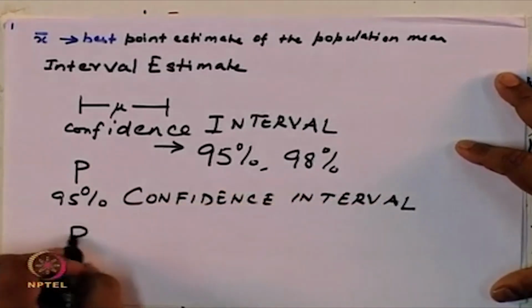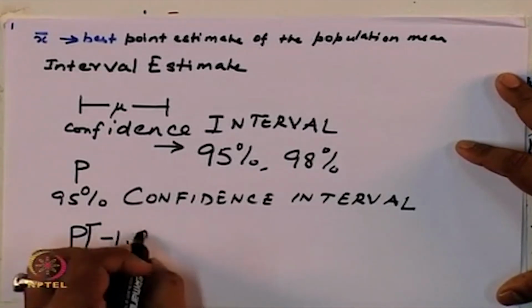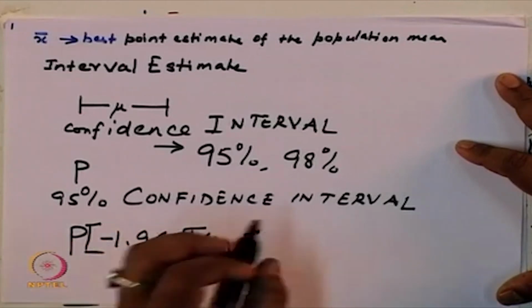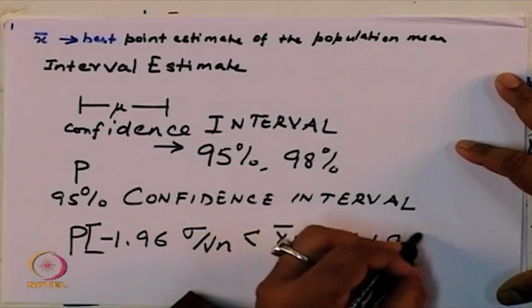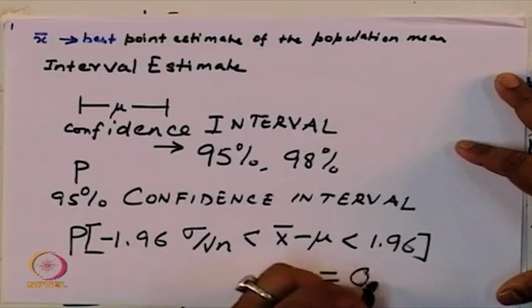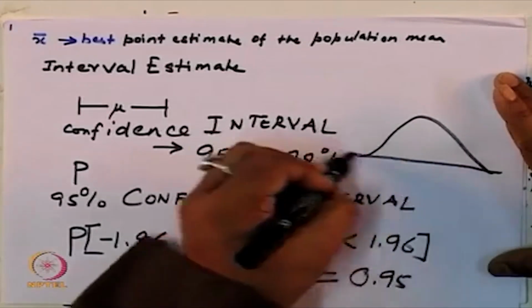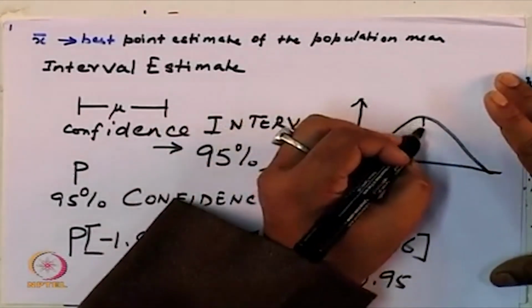We write down the probability of minus 1.96 sigma by root n less than x bar minus mu less than 1.96 sigma by root n, the integral under the curve for the standard normal distribution.